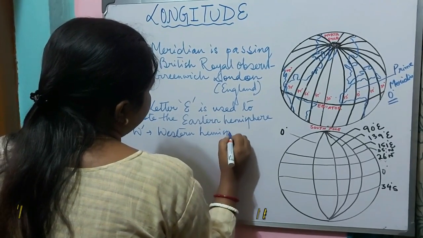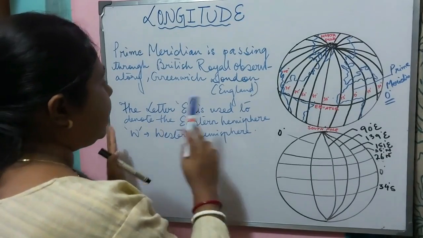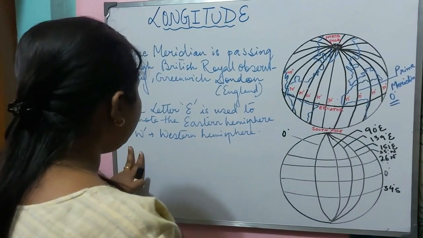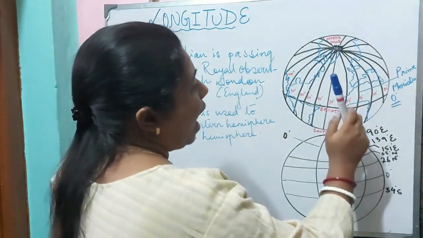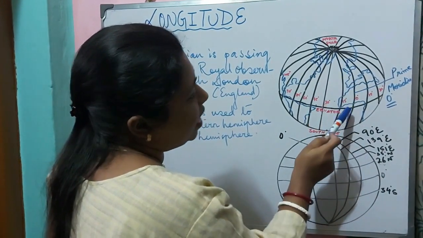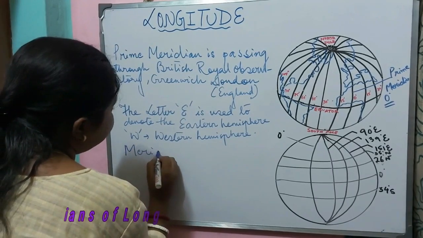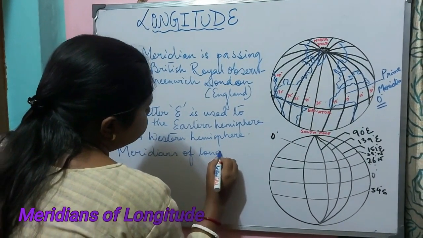So a line of longitude is marked by the letter E, or east, for the eastern hemisphere, or W, or west, for the western hemisphere. Now, as the longitudes are drawn on the basis of the prime meridian, they are also referred to as the meridians of longitude.